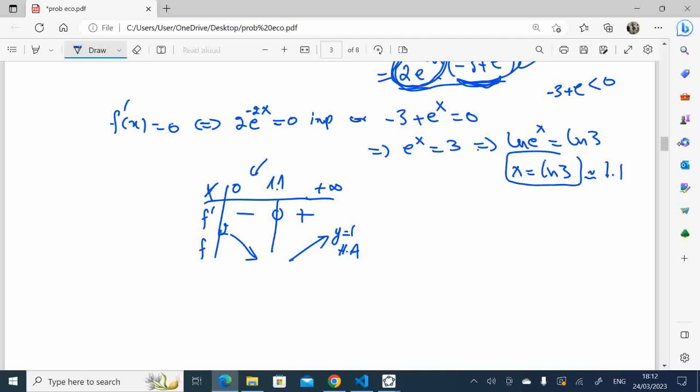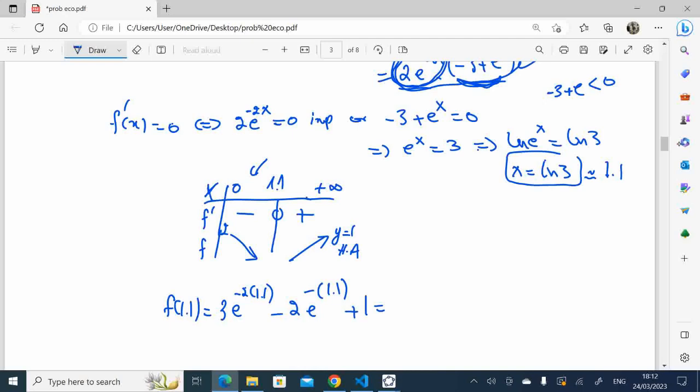And now if I calculate f of 1.1, which is equal to 3e^(-2 times 1.1) minus 2e^(-1.1) plus 1, so let me calculate this.